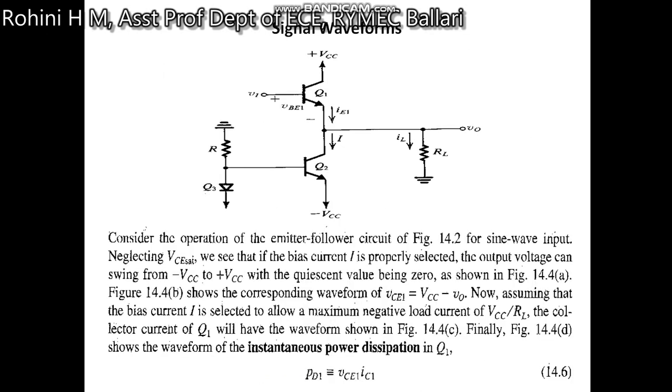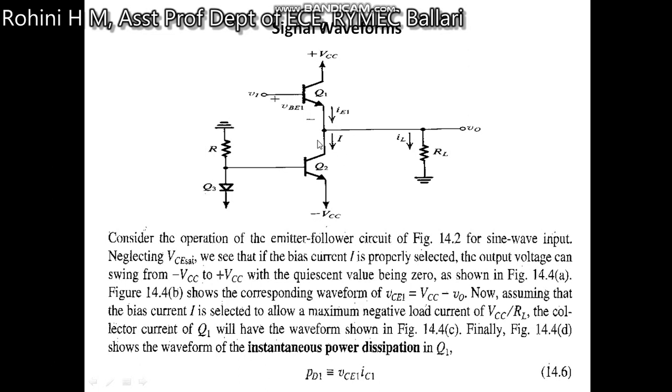The next discussion is the signal waveform. Again we are recalling the same circuit. Consider the operation of the emitter follower circuit for a sine wave input, neglecting VCE sat. We can see that if the bias current I is properly selected, then the output voltage will swing from minus VCC to plus VCC.